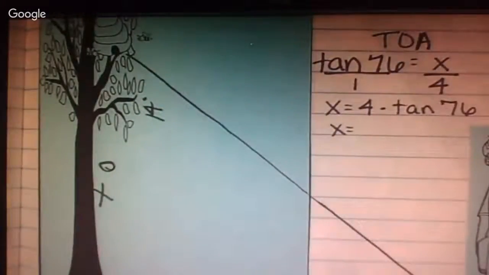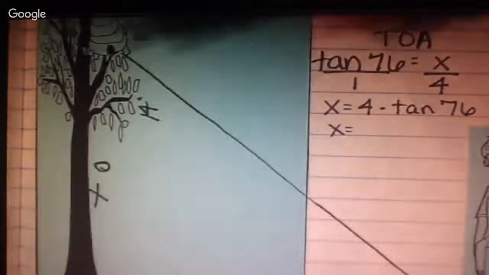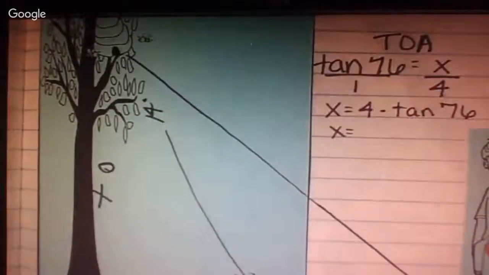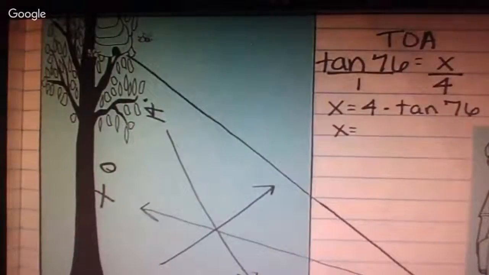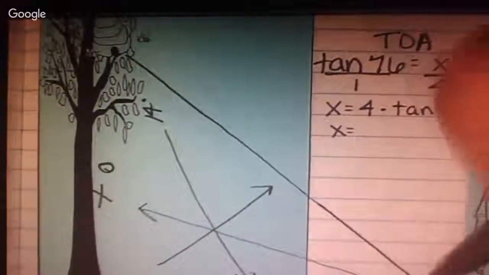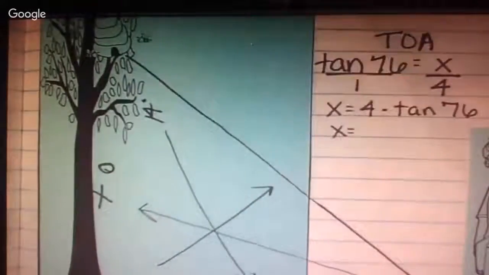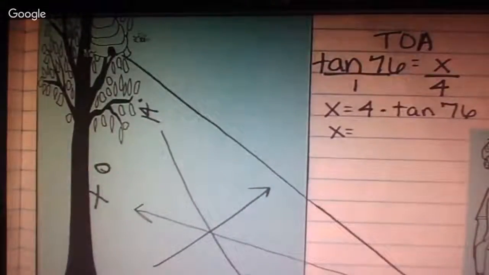Remember, it has to equal 180. So it's definitely 14 degrees associated with the smaller side of the triangle. 76 is the bigger side, and your hypotenuse should be the biggest. It's always opposite. So if this angle is bigger than this angle, that means this side should be bigger than this side. So you should have an answer that's bigger than 4. It's a good way to check yourself.